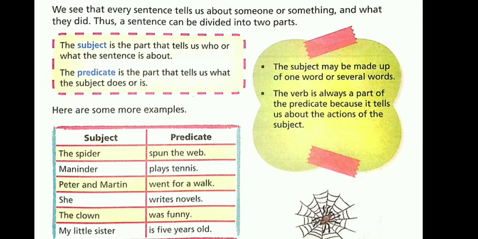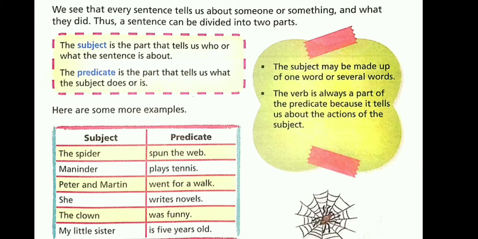We see that every sentence tells us about someone or something and what they did. Thus, a sentence can be divided into two parts. So, as we have already studied, a sentence can be divided into two parts, that is subject and predicate. Now, let us read out what is given in the book. The subject is the part that tells us who or what the sentence is about.